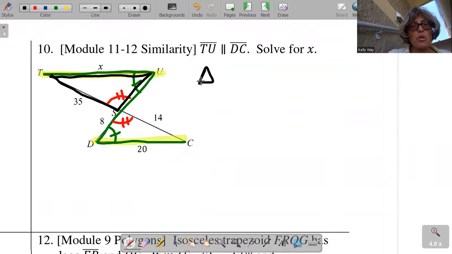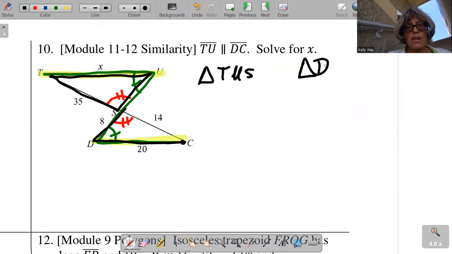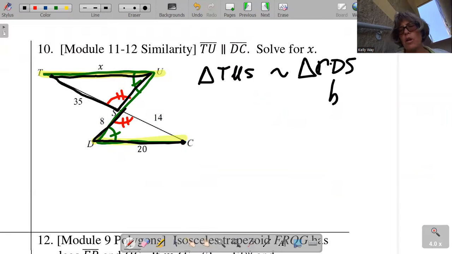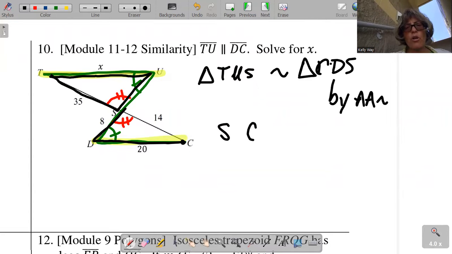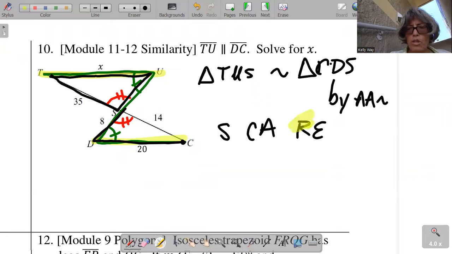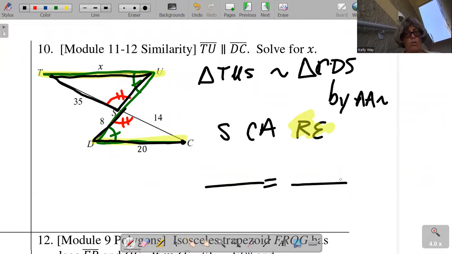So we've got triangle TUS and triangle CDS, and they're going to be similar by angle similarity. Now, once something is similar, you're going to have congruent angles and ratios equal, which means you can do equal ratios.